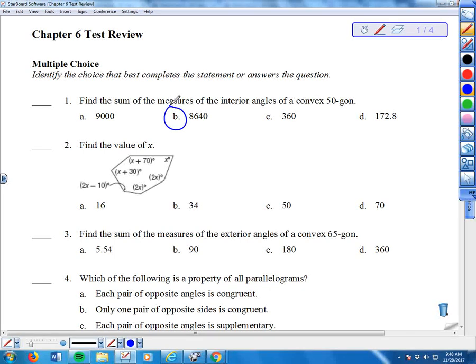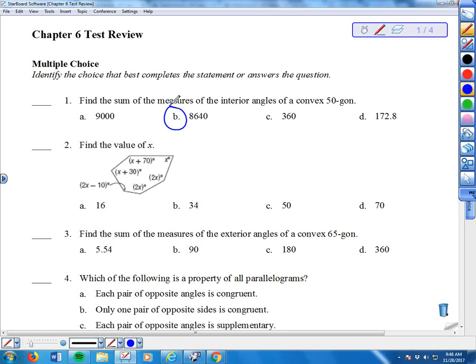So 4 times 180 is 720, divided by 6. So each one of these angles is equal to 120.